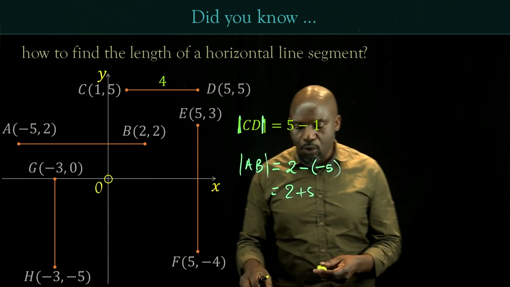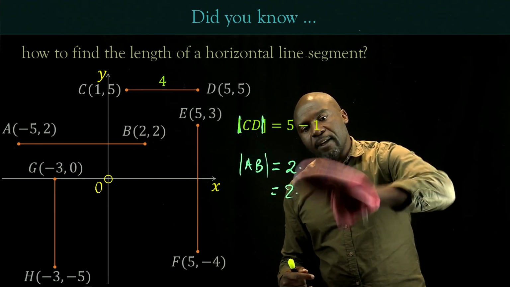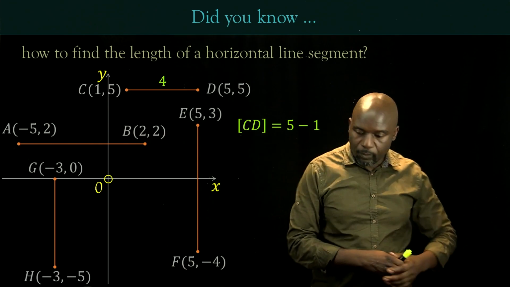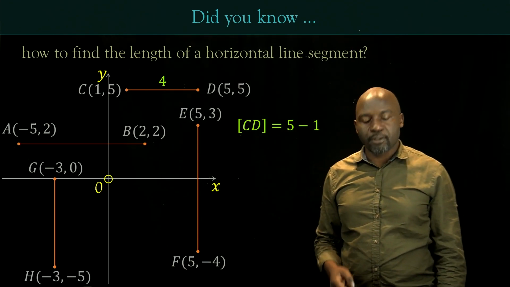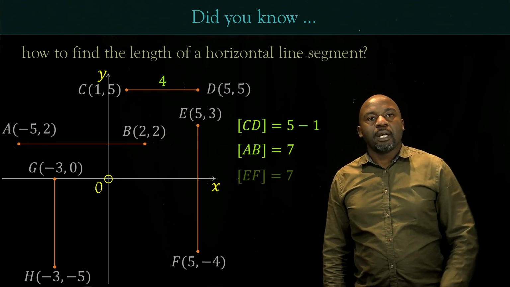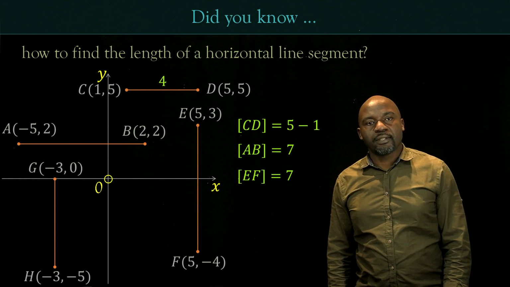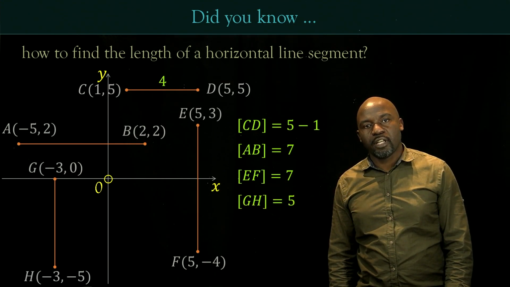So this is how we arrive at that 7. The same can be done with the other lines. The same is true for the other lines, and so if you've done this correctly, you should find that AB is 7, that EF is 7, and that GH is 5.